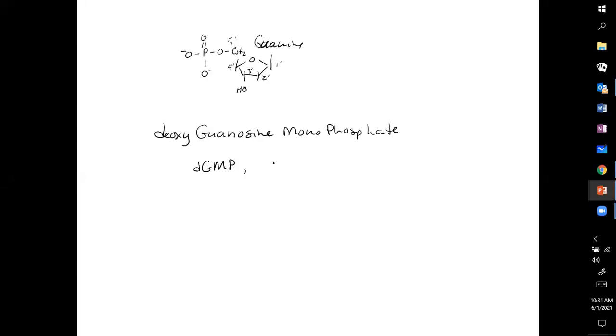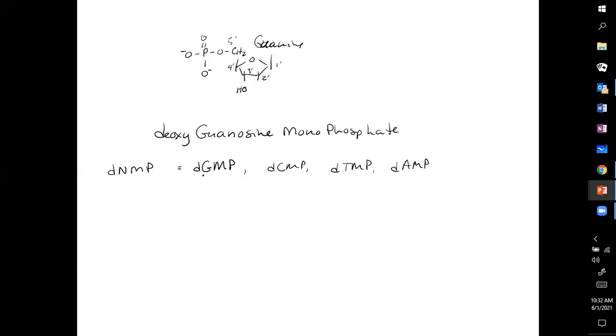So we would have dGMP, dCMP, dTMP, dAMP as the different monophosphates. If we just want to say generically that we're talking about a deoxy nucleotide monophosphate, that would be dNMP, where the N just means any one of the nucleotides.